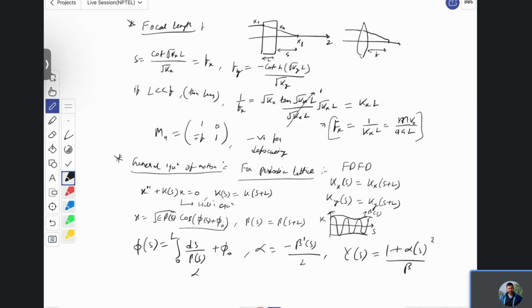These parameters are called Twiss parameters.